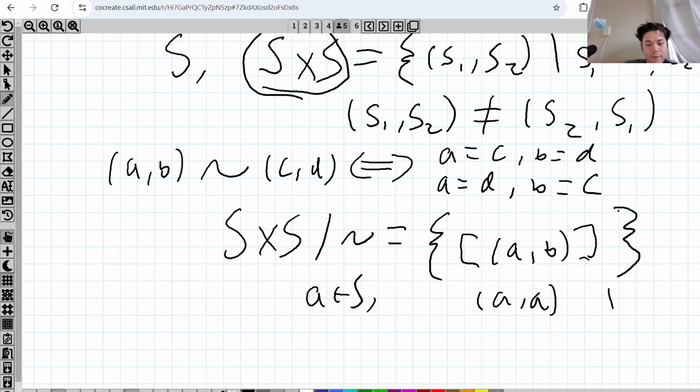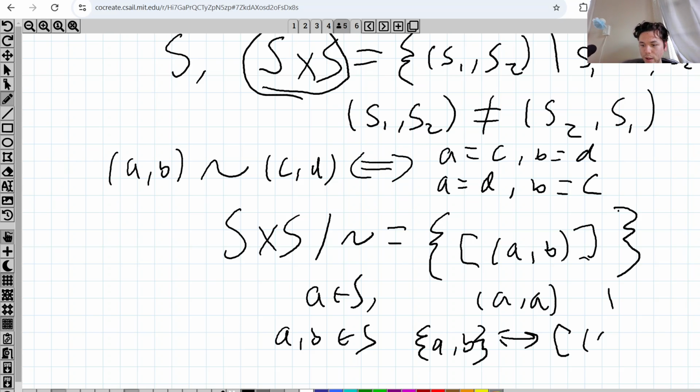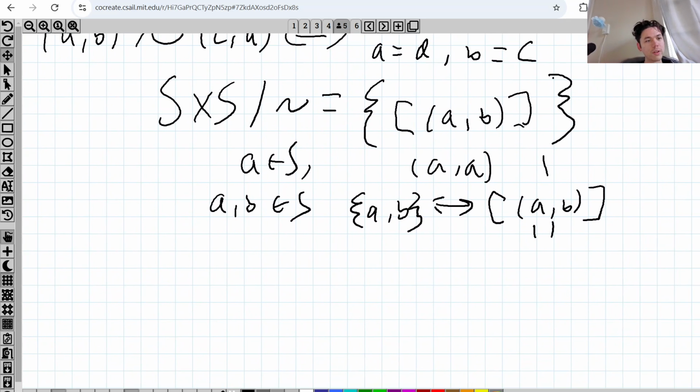And then if I have two elements a and b of S, the subset a comma b will be represented by the equivalence class of a comma b ordered. But this equivalence class, by our definition of the equivalence relation, is equal to the equivalence class of b comma a.